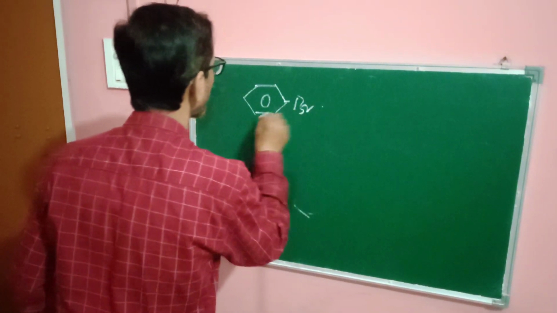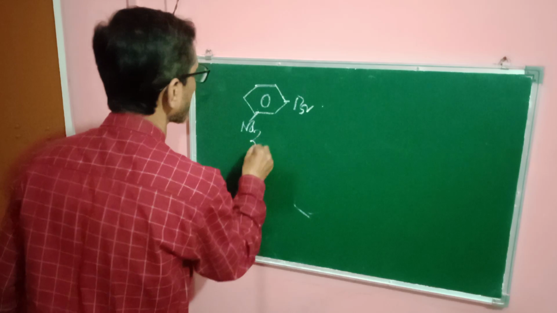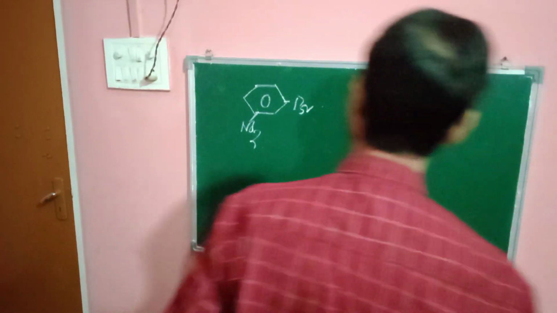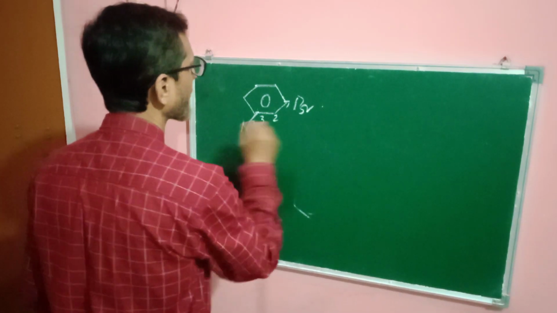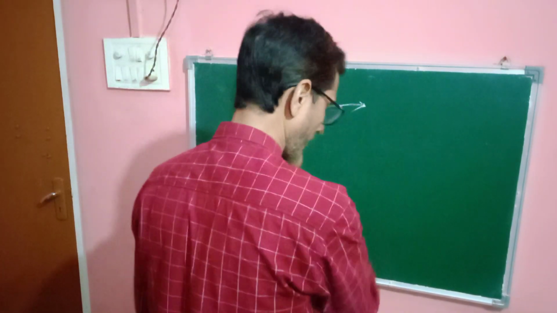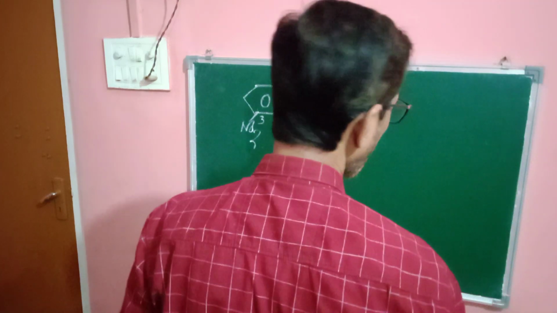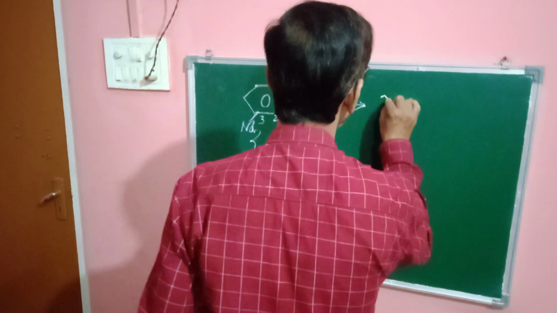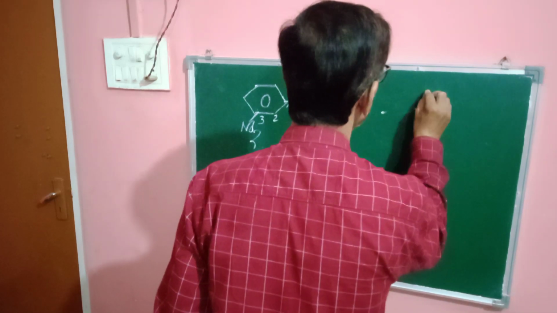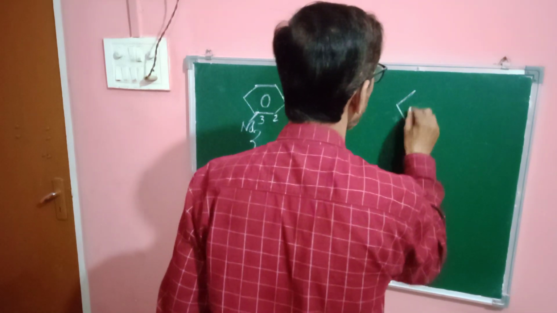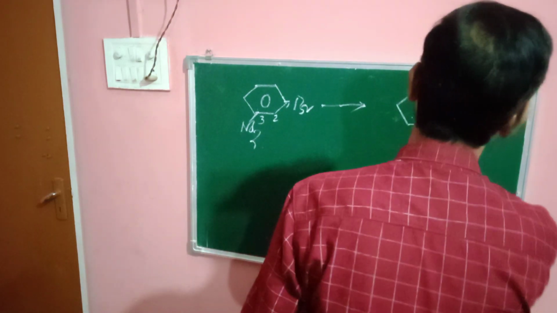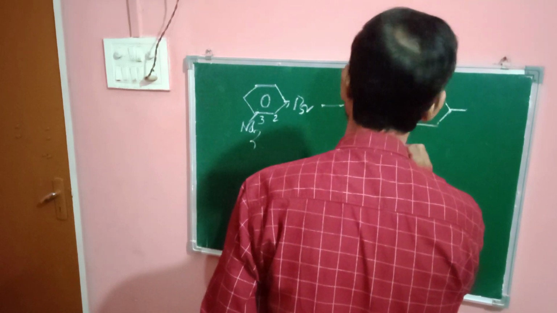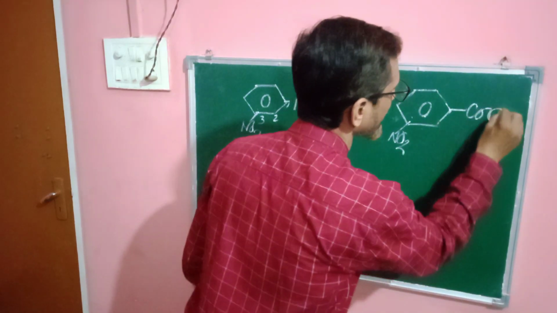Third one is 3-nitrobromobenzene to 3-nitrobenzoic acid. 3-nitrobenzoic acid has nitro in place of nitro, and COOH in place of bromine.